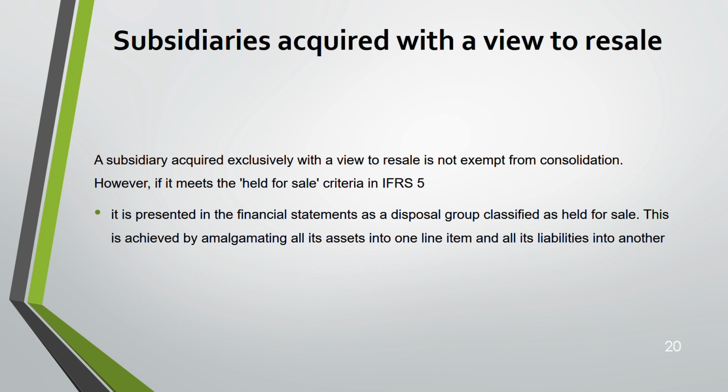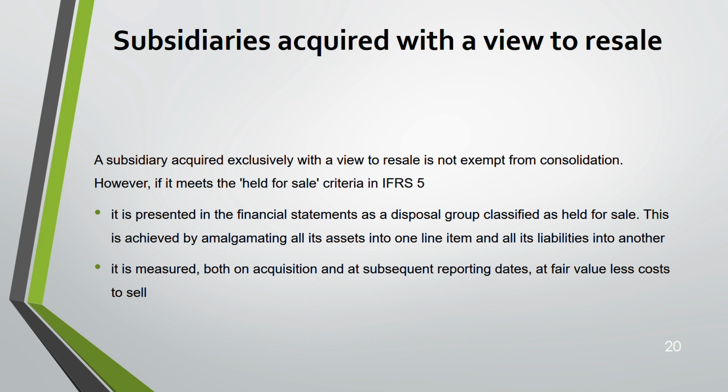In your financial statements, it is presented as a disposal group that is classified as held for sale. So what do you do? You amalgamate, that means you add up all your assets in one line and liabilities into another. Then both on your acquisition and the reporting date, you have to measure it at fair value less cost to sell, because this is now according to IFRS 5.